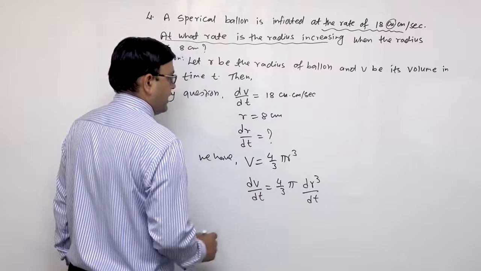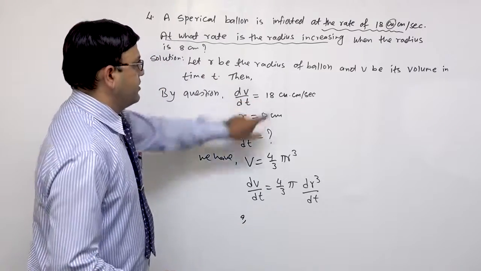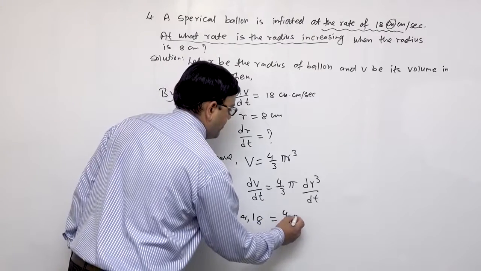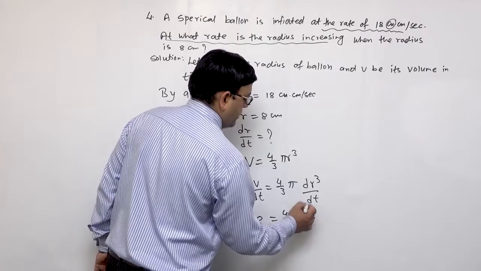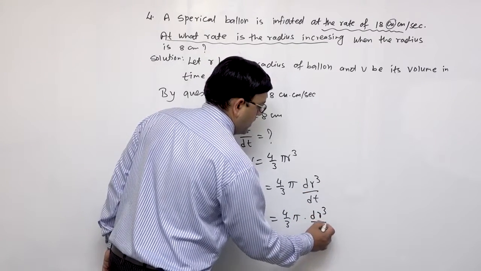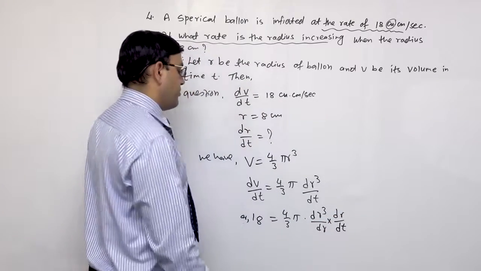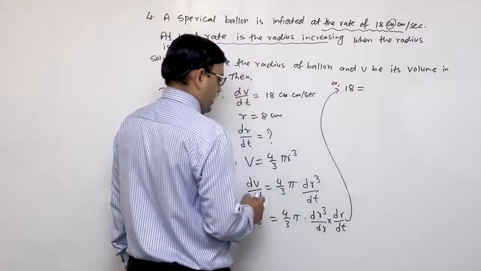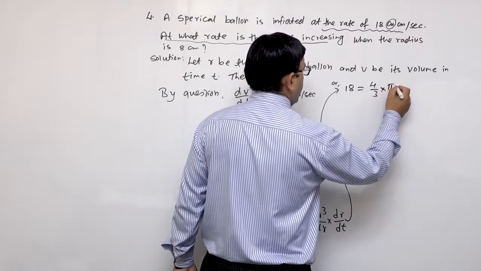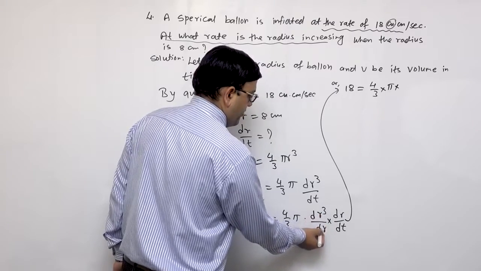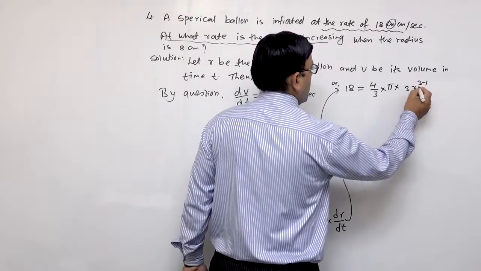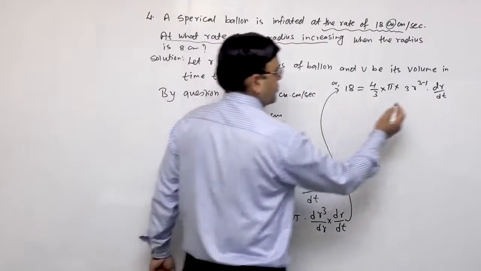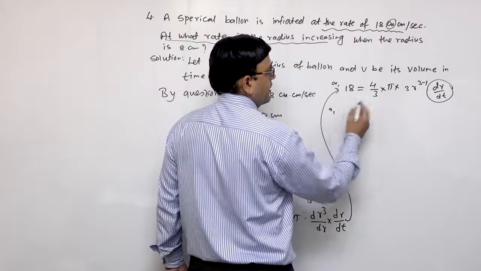We can write dv by dt is 18, so 18 is equal to 4 by 3 pi times d r cube by dr times dr by dt. I have to use the chain rule. So 18 is equal to 4 by 3 pi times the derivative of r cube with respect to r, which is 3 r to the power 3 minus 1, and then dr by dt, which we have to find, and this is the required answer. You can cancel 3 and 3.